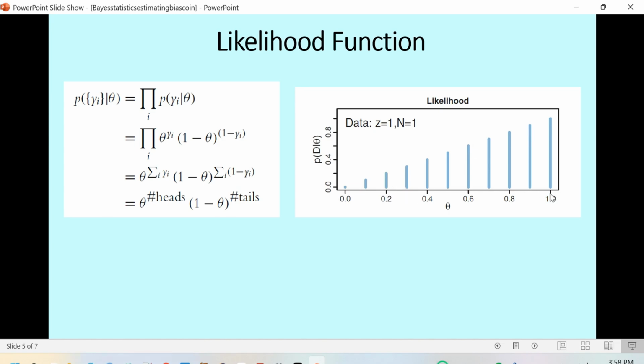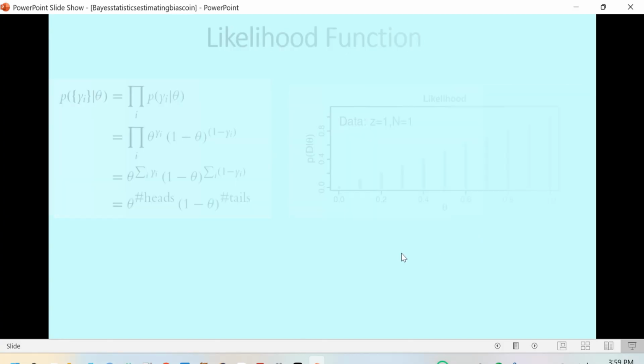If the probability of head is 1, the likelihood is 1. If theta is 0.5 for returning a head, then for the data 1, its likelihood is 0.5, which is theta itself, right?